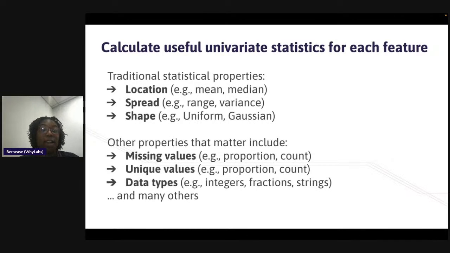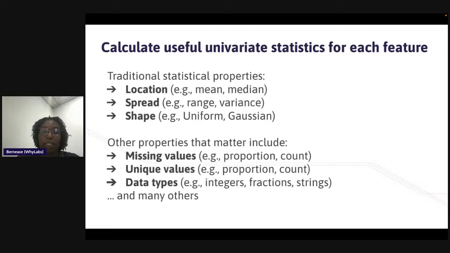So spread, what's the range? What's the variance of our data? Shape. So can we fit some sort of parametric distribution to this data? Is it uniform? Is it Gaussian? Is it some other sort of distribution? And maybe it's not. Often in production settings, we won't have a particular shape. Unless you have a certain volume of data, then you may see Gaussian for sure.